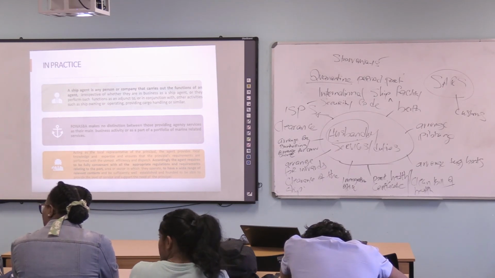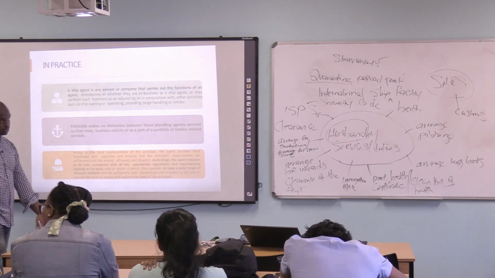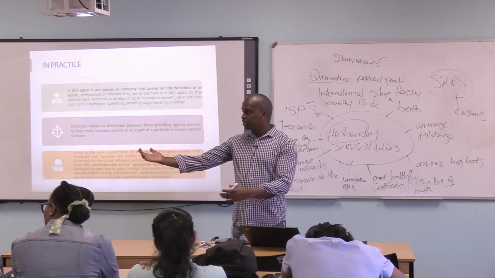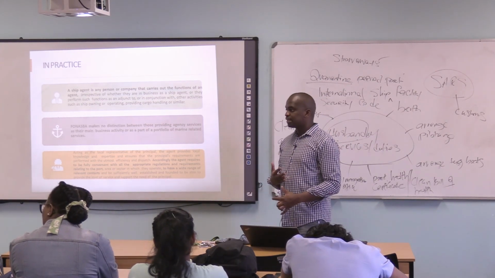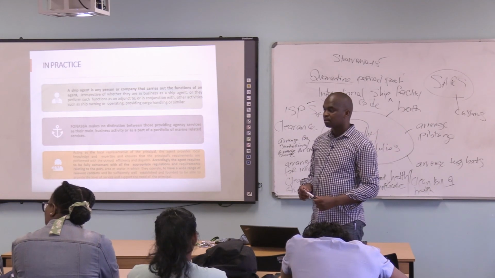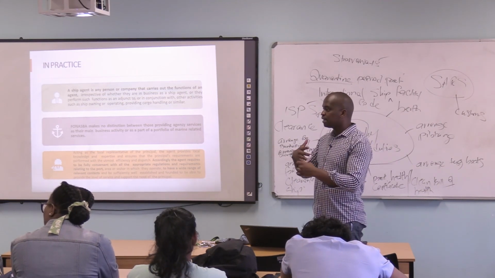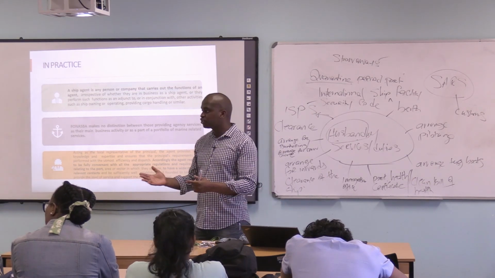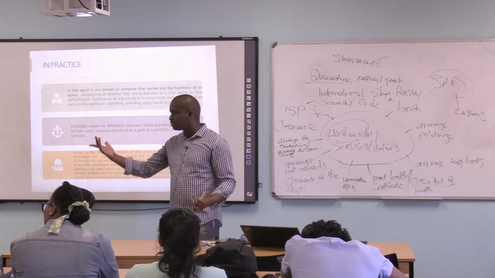For instance, there's a ship that comes into port. Say Mr. Jula is a crew member on board, and his contract has just expired, so he needs to fly home. He's from Britain in England, but his contract expires whilst he's here in South Africa.